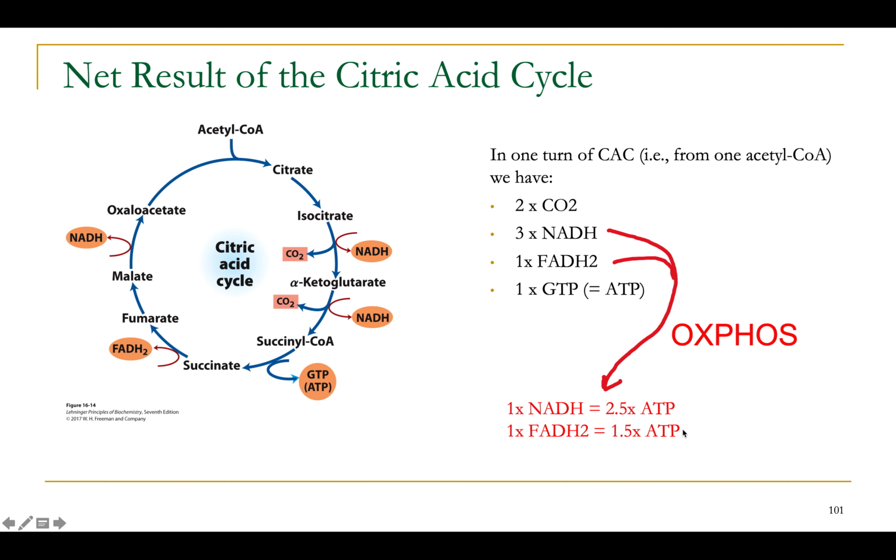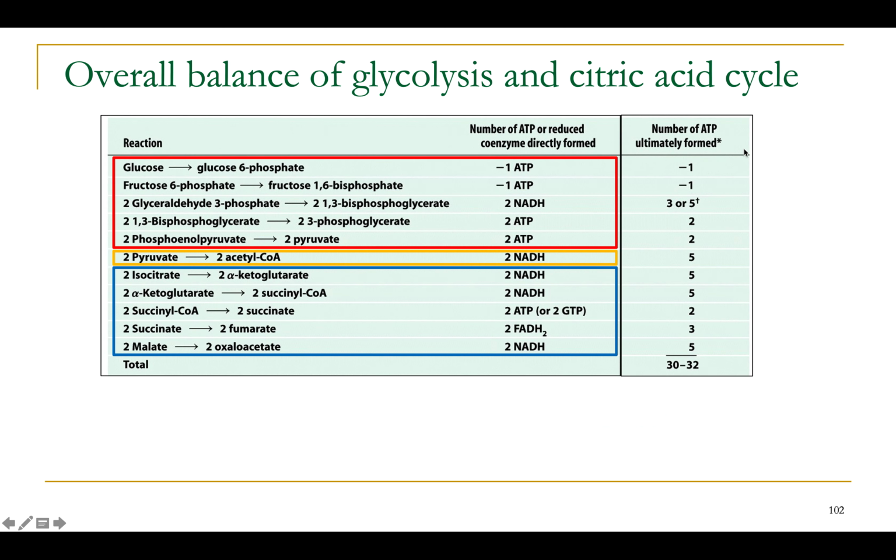So now we can look at what we gain in terms of ATP when we oxidize completely one glucose molecule through the cellular respiration pathway, including the glycolytic steps, the generation of acetyl-CoA, and the oxidation of the acetyl group in the citric acid cycle.